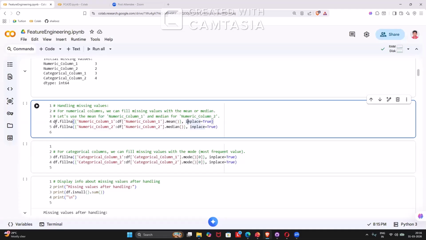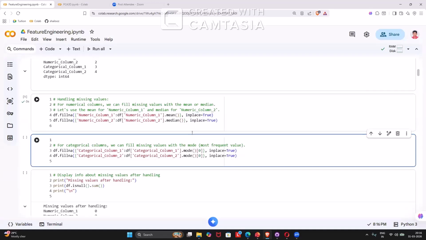If you don't use inplace equal to true, then you have to write df equal to df dot fillna of. And the second numerical column we are filling with the median value.